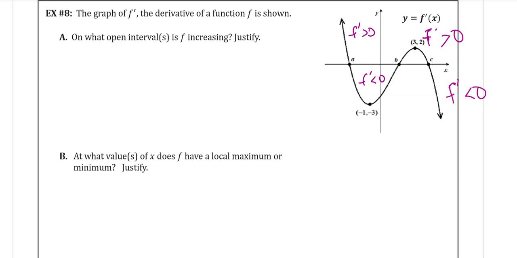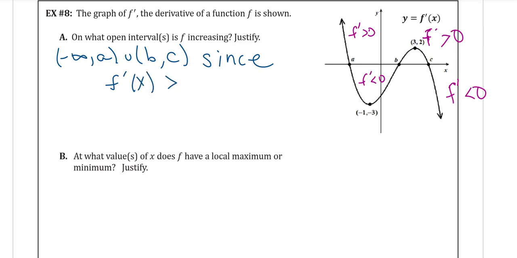Okay, so where are we increasing? It's where f prime is positive. So we're increasing from negative infinity to a, and also from b to c, since f prime of x is greater than 0.